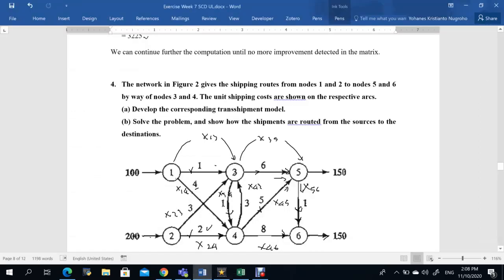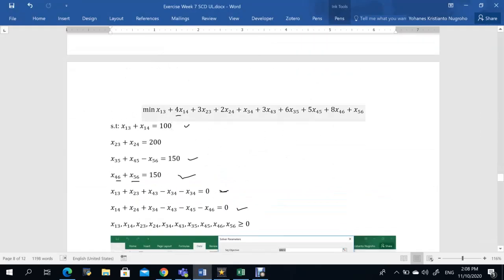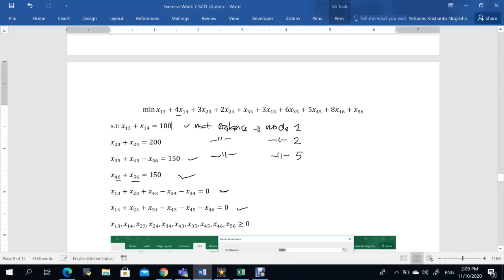All right, I can give an explanation here: the first constraint is the material balance for node 1, then the material balance for node 2, node 5, node 6, and here the material balance for node 3, and it is not 4, right?